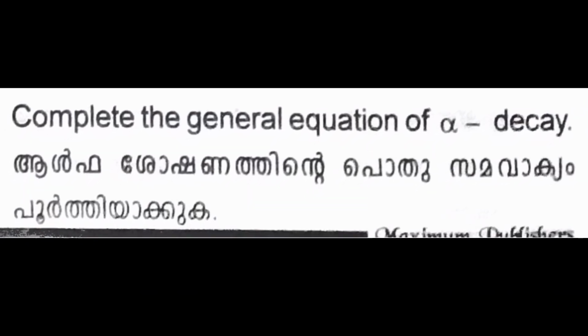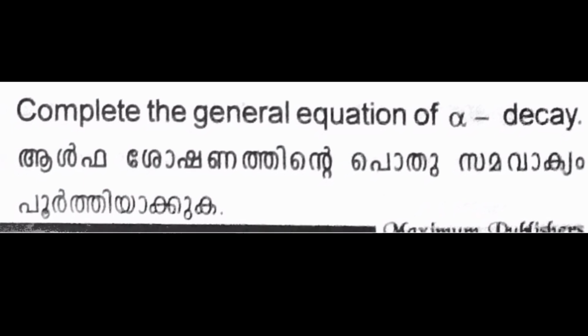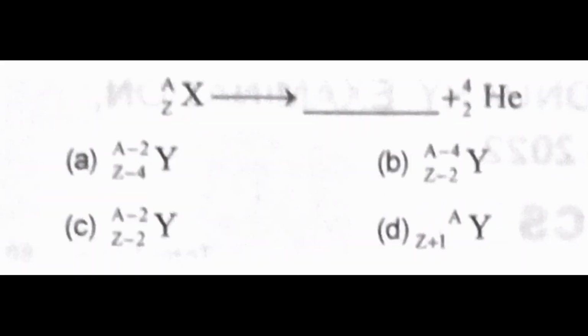Now question number 9. Complete the general equation of alpha decay. The equation is given as X with Z and A equal to dash plus helium. The options are A. Y Z minus 4 A minus 2, B. Y Z minus 2 A minus 4, C. Y Z minus 2 A minus 2, and D. Y Z plus 1 A. Here in the question it is given that this is the case of alpha emission. So in alpha emission, what will happen to atomic number and mass number?